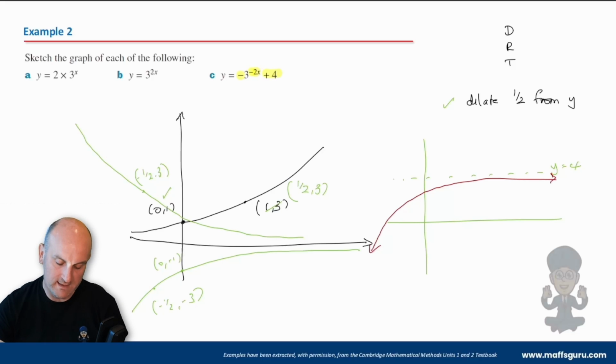So again, all of my coordinates are effectively going to cross through 4 higher. So that's going to be 0, 3. So I now know that that point there, and the examiners will be looking for this, is 0, 3. What will this point here become? -0.5, 1. So I'm going to put that there as -0.5, 1.